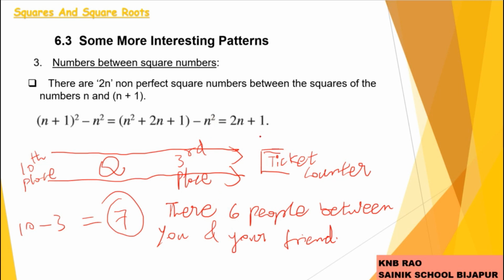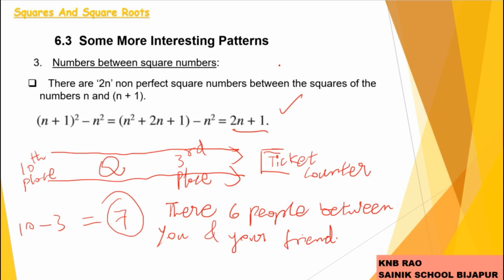With this same logic, between n plus 1 square and n square I have the difference giving 2n plus 1, which means there are 2n numbers between n square and n plus 1 square.